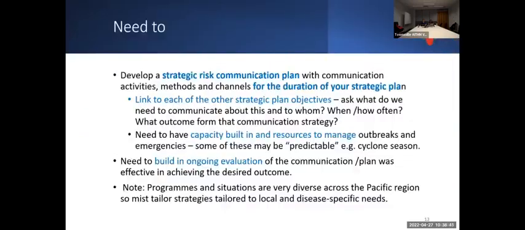So we'll provide these to you and need you to think about in the group work how you're going to actually develop your strategic risk communication plan as well as your community engagement plan. And remember, for both of these, you must evaluate, is it actually working? Because if it's not, you may need to change it as you implement.